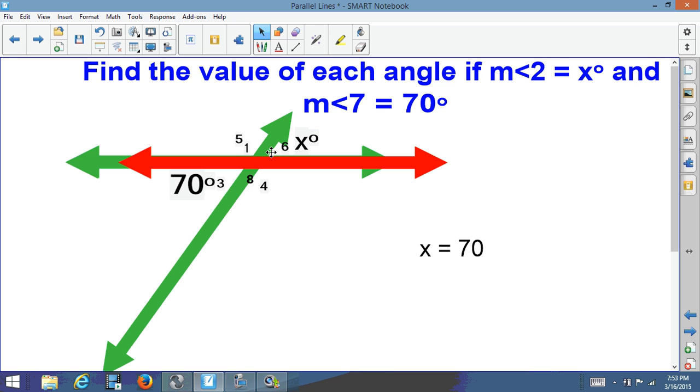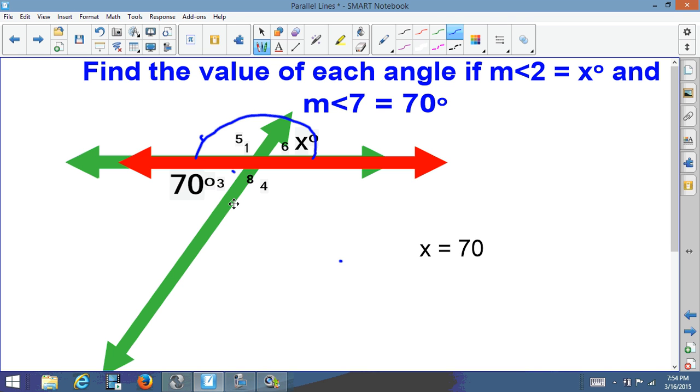So now all I need to do is find angle 1 and 5. So angle 1 and 5 and 4 and 8, they're equal to each other as well. So I remember that I have a straight angle from the other video. So I have a straight angle, which is right here. This red line, that's 180 degrees.